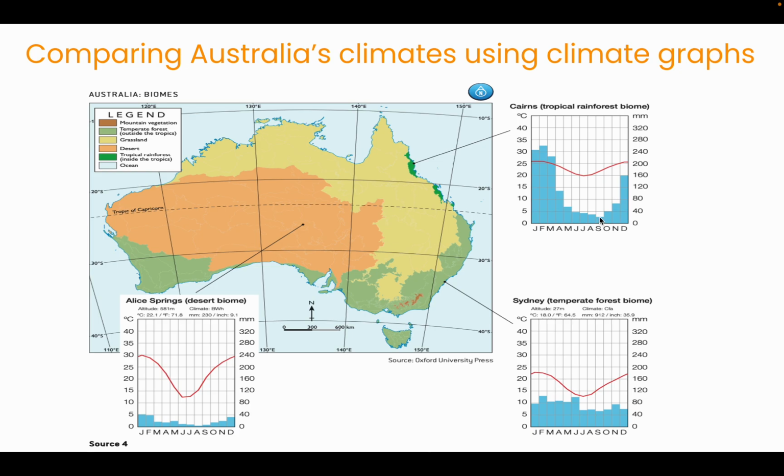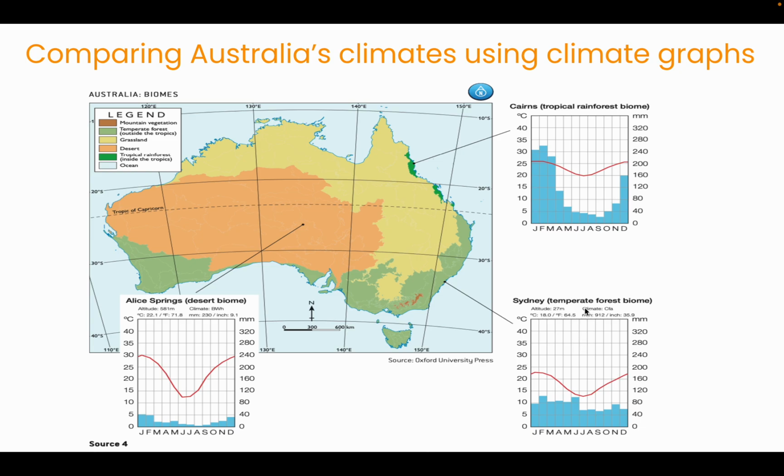And that's a huge range of 240 mils. Now that's much different to the range down here. So there we have some analysis of a tropical rainforest biome climate graph that happens to be in Cairns.